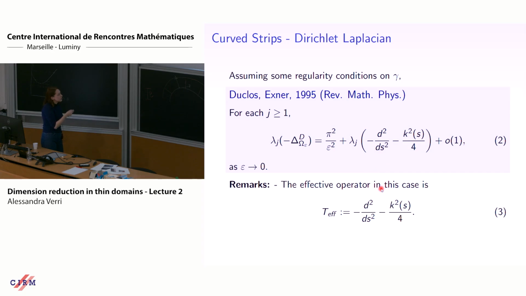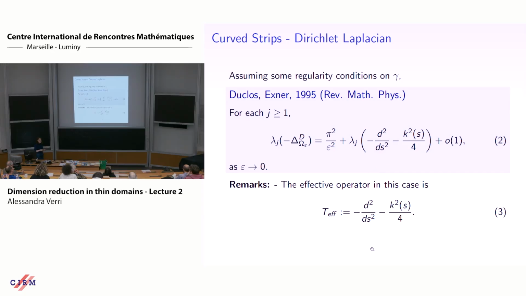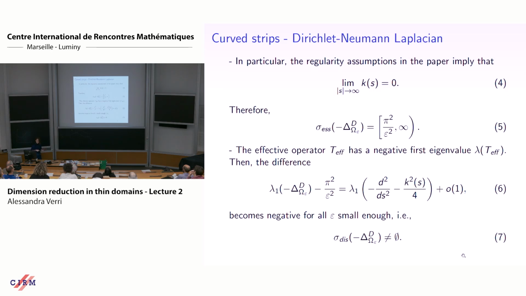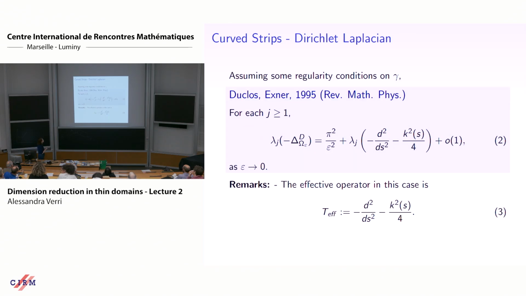This operator we can see as the effective operator in this situation, and we see that it is not only the Laplacian, it carries this potential. We have an attractive potential that depends on the curvature of the curve.